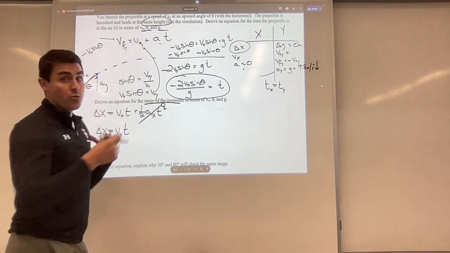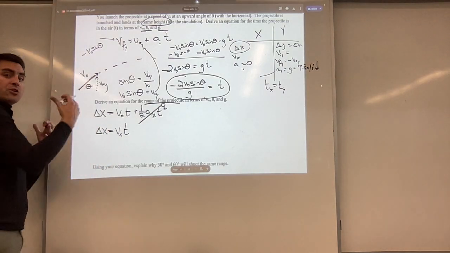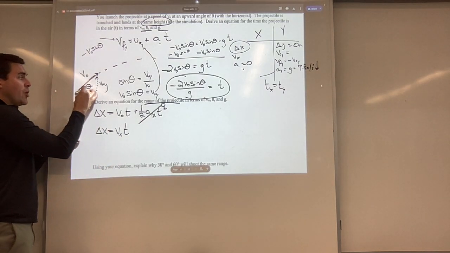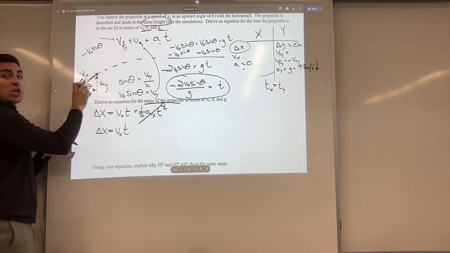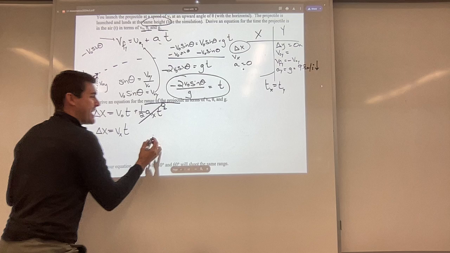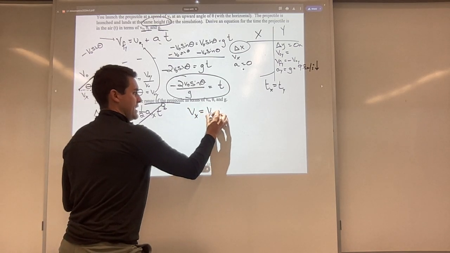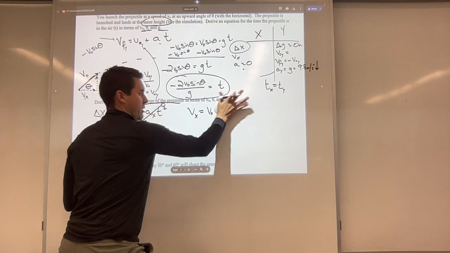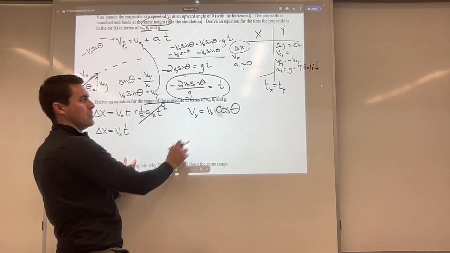All right, so do I know the x velocity? No. But can I go back and look at my original picture? Yes. I say, well, this is my x velocity. It's the adjacent side. I'm not using sine anymore because I'm using the adjacent side, cosine of my angle.